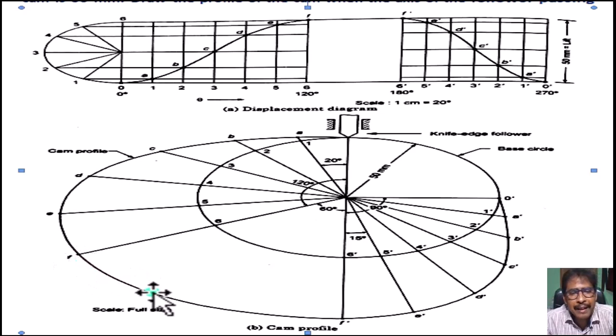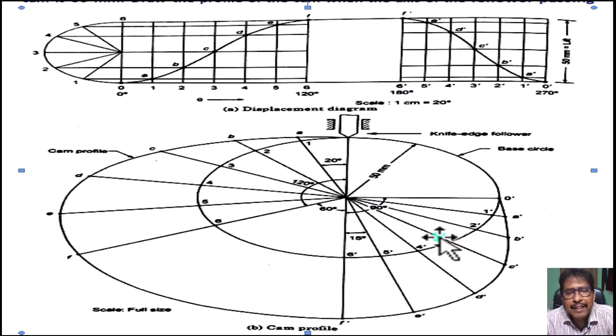Draw an arc. This is the angle of dwell, 60 degree. Now we extend this line, and we take the measurement 6F.